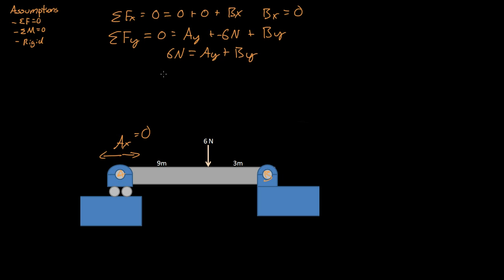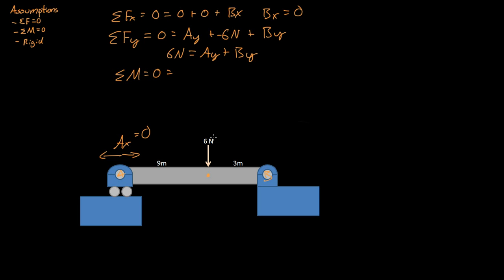Now, we need to use the summation of the moments to find out what A and B are related to. So the summation of the moments, and we're going to do the moments around maybe this point. The summation of the moments must equal 0.